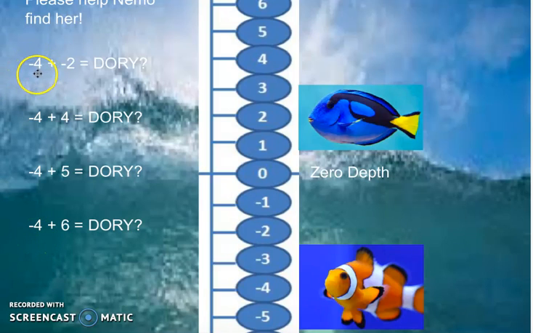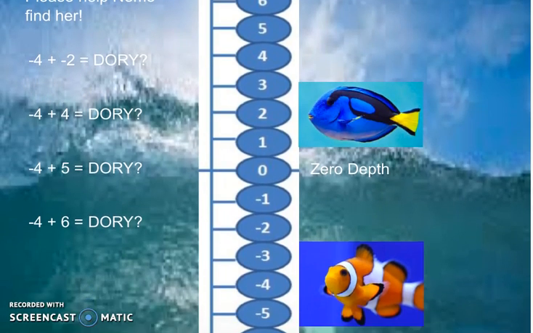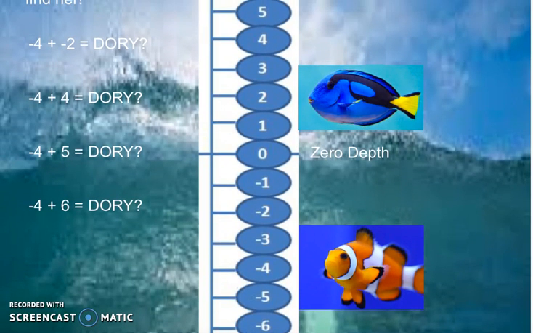The first one says -4 plus -2. What that means is we're going to start at -4, and then the plus sign means we are going to face the positives, so going this direction. But it says we're adding a -2.